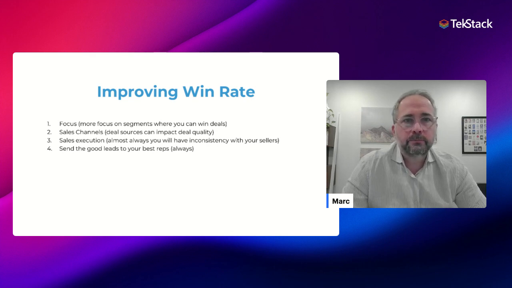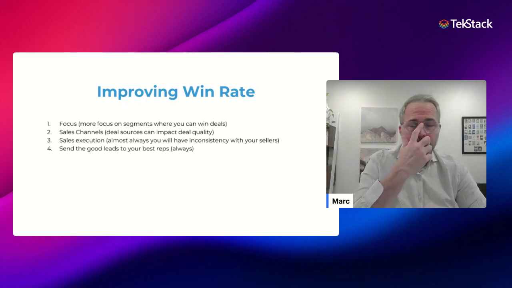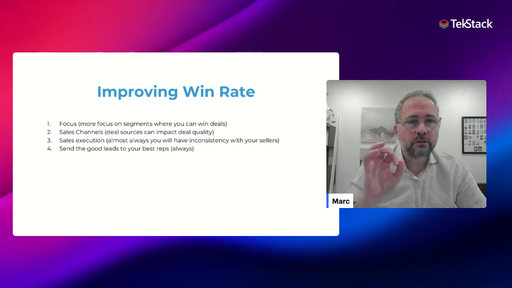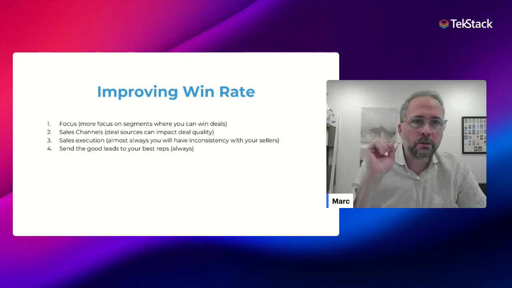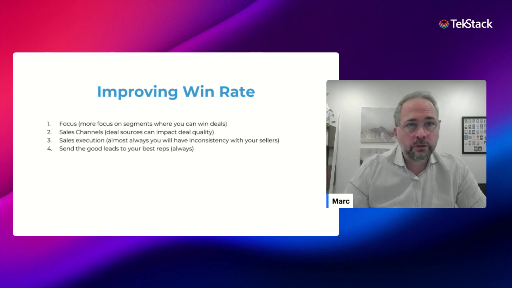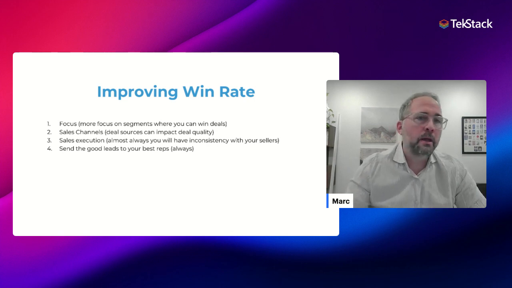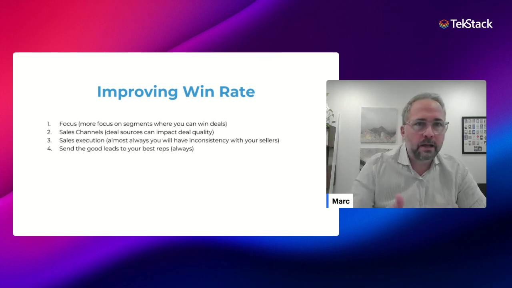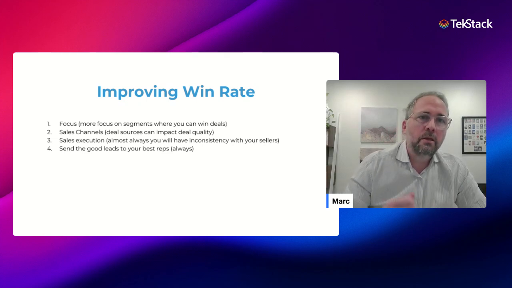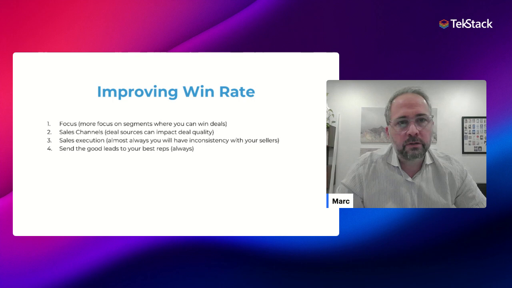And probably the last thing, especially in 2025, this is meritocracy. Regardless of territory, it doesn't matter, you send your best deals to your best rep. Always. If anybody complains, they can get another job, or you can explain to them that, hey, Sally has a 50% win rate on deals in this segment, so Sally's getting this lead.